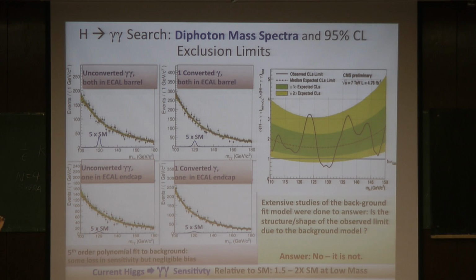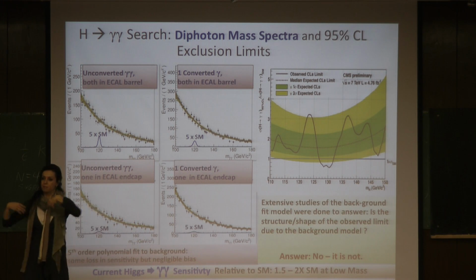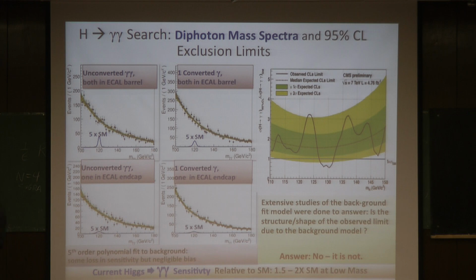No, this is an artifact of the fitting procedure. And this is why, in the end, when we are going to have the discovery or the limits, we are going to be looking at the physics plots more than the wiggly limit plots that bring a lot of questions about the methodology. But pretty soon things are going to be very clear, and we're not going to have this kind of discussion. But thank you for pointing this out.